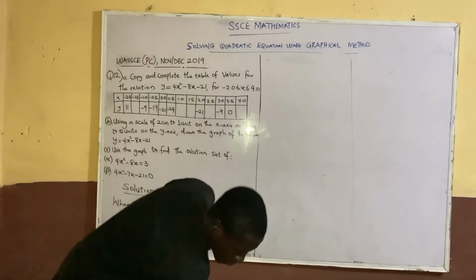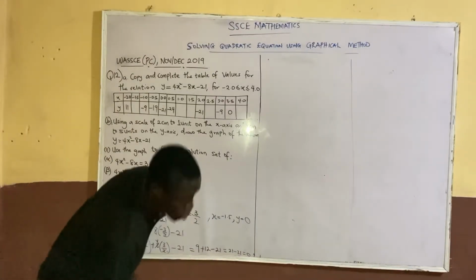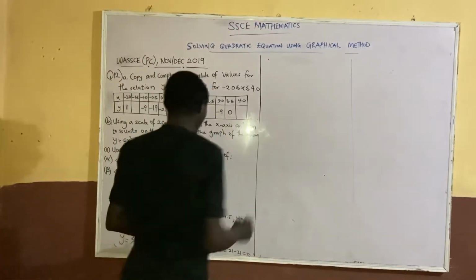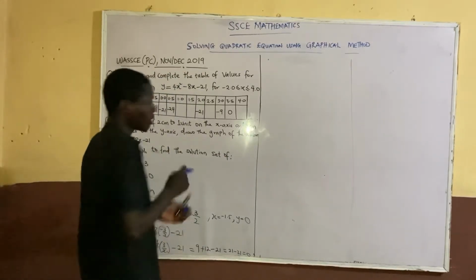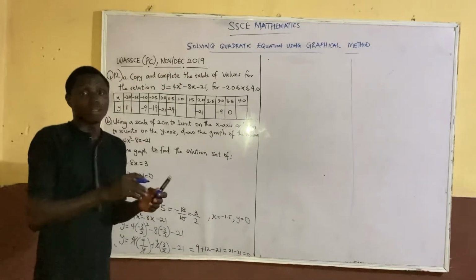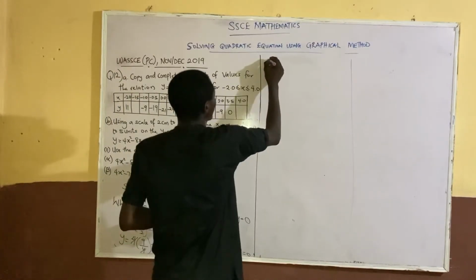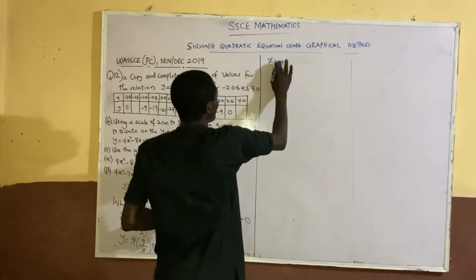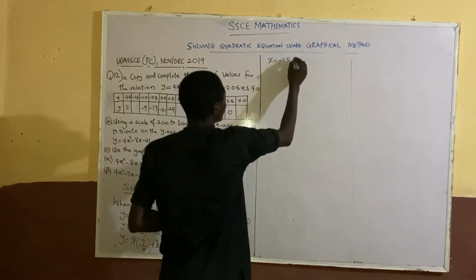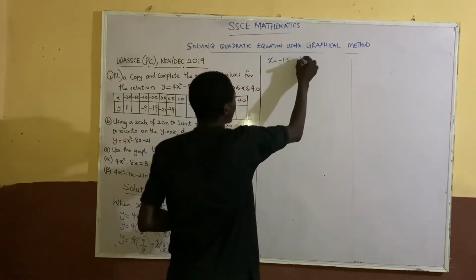Now, to avoid taking much of your time, you can solve this directly using a calculator. Just say when x is equal to minus 1.5, what will be my y?